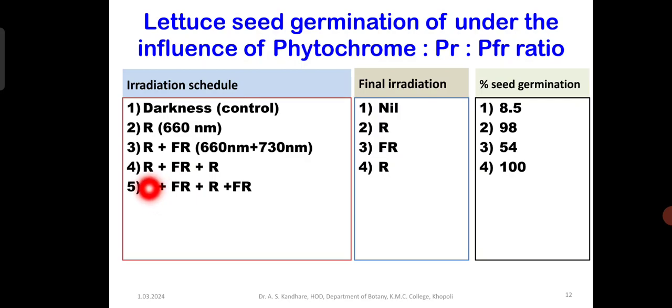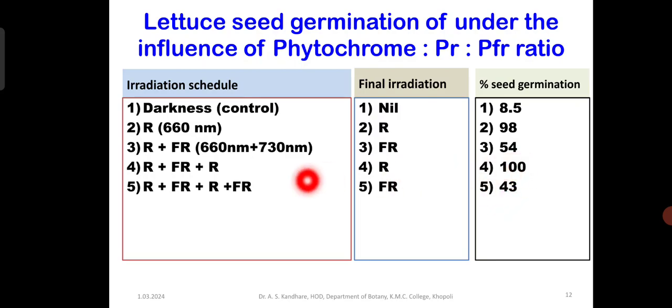Now again red irradiation followed by far red irradiation, again red, again far red, and final is far red. Now what will happen here? Again you can see there is a great fall in rate of seed germination. So only 43.